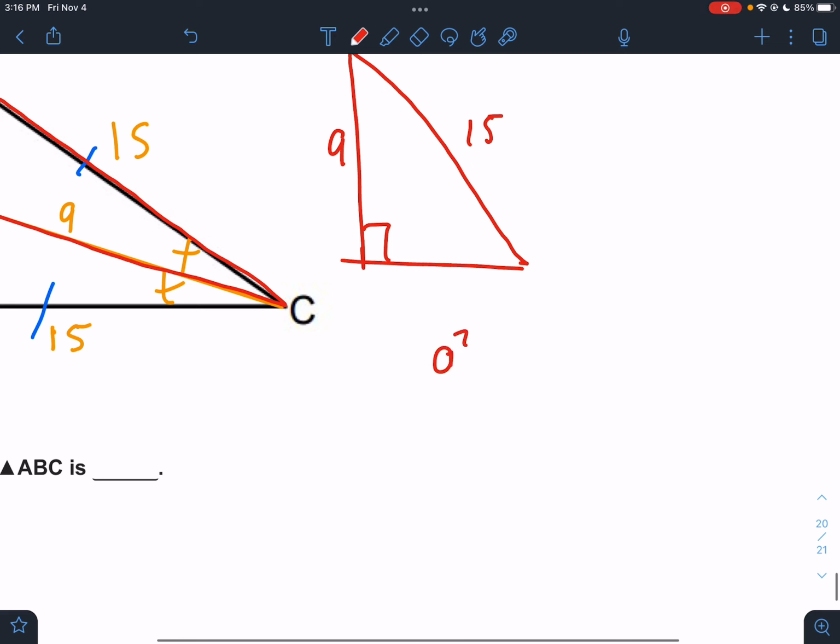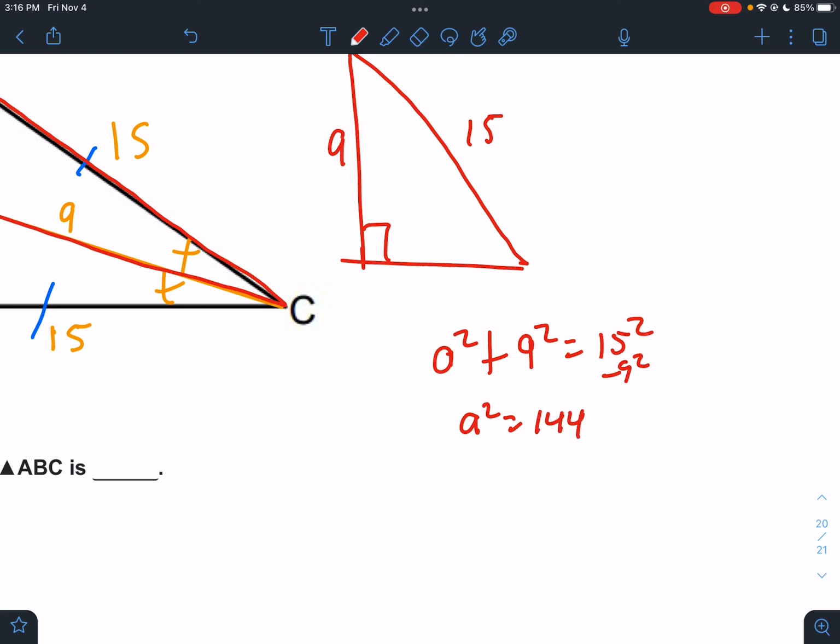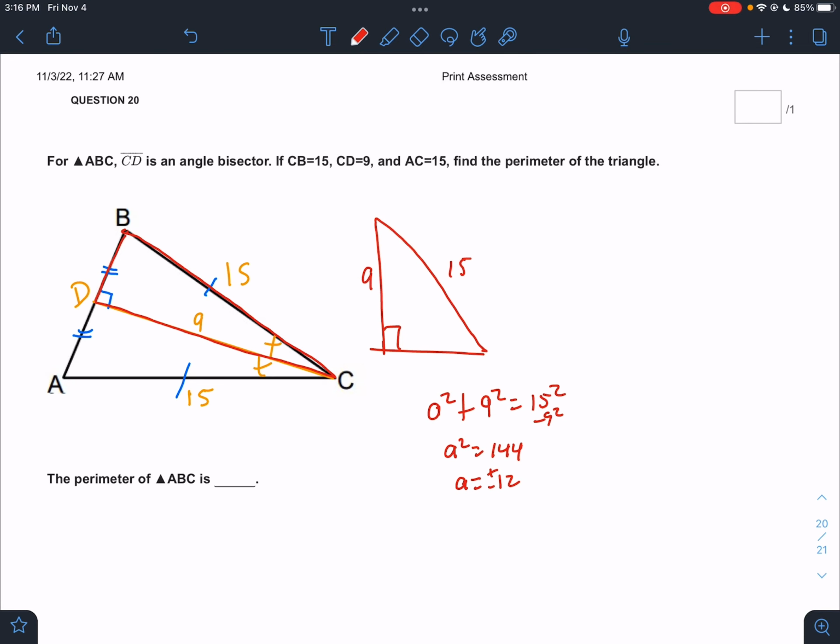So we know that a squared plus 9 squared has to equal 15 squared. So a squared has to equal 225 minus 81, which is 144. So a equals plus or minus 12. But can a side be negative 12?